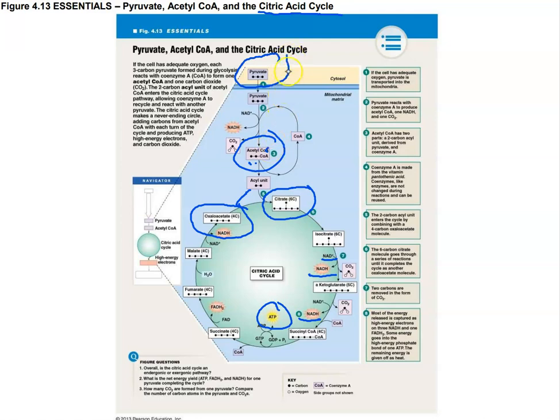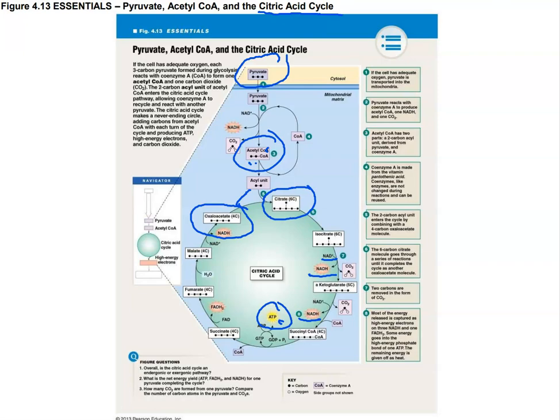Along the way, we have a prep step, and that is converting the pyruvate into acetyl-CoA, which then enters the Krebs cycle and will be completely oxidized. 2 CO2 will leave to then make a 4-carbon compound, oxaloacetate, which then binds to the next acetyl-CoA. So the carbohydrate is completely oxidized, and we're gaining 1 ATP, which is not the big deal here, but the big deal is that we're gaining a bunch of NADHs and FADH2s.